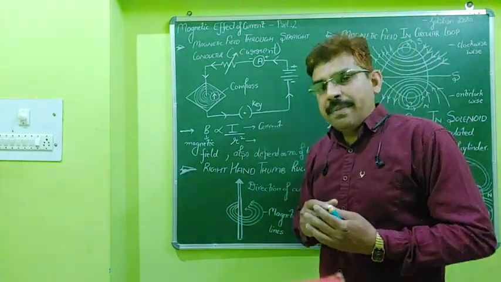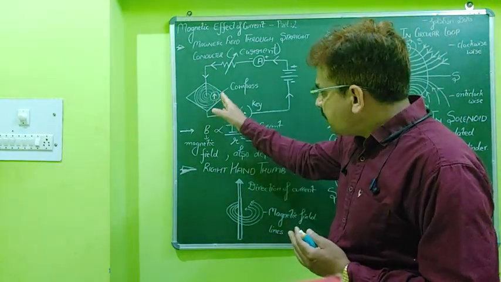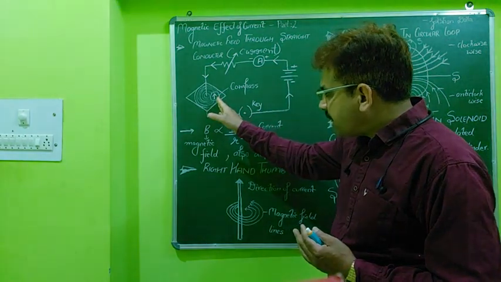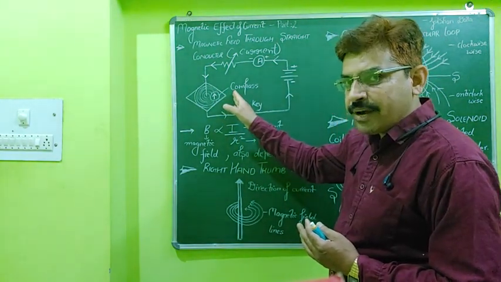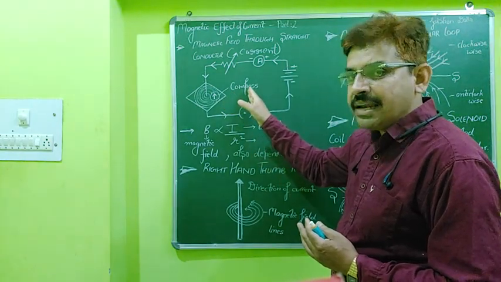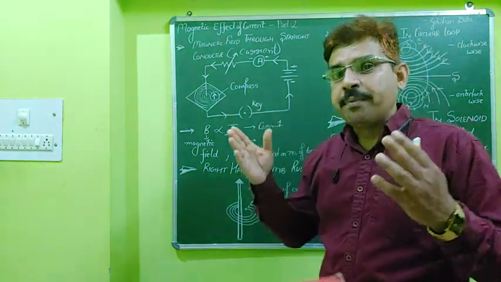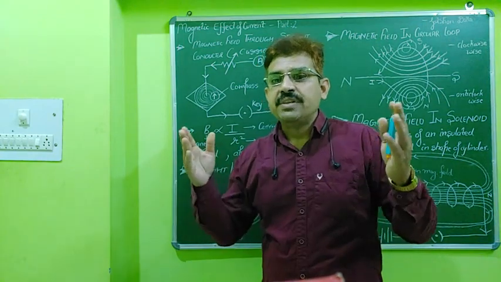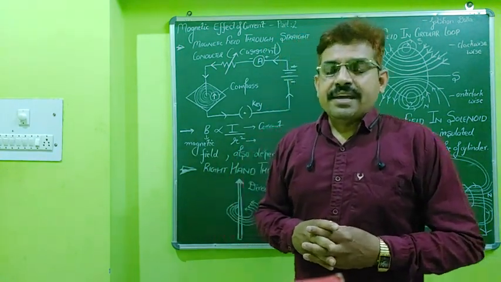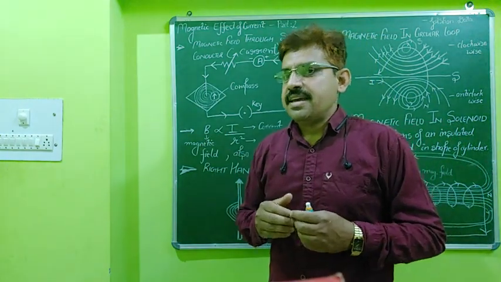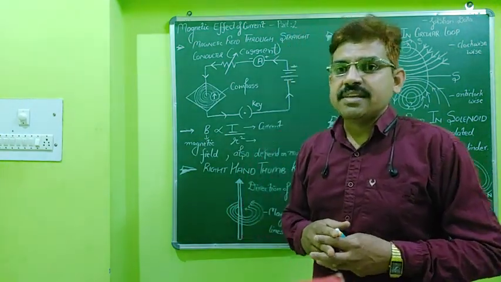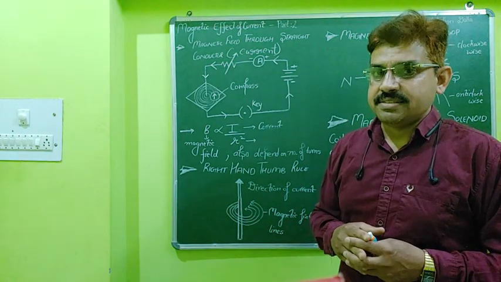Secondly, suppose we place the compass needle at this point, then at this point, then at this point. What is going to happen? We are going far away from the current carrying conductor. If we go far away from the current carrying conductor, the magnetic field strength will decrease.